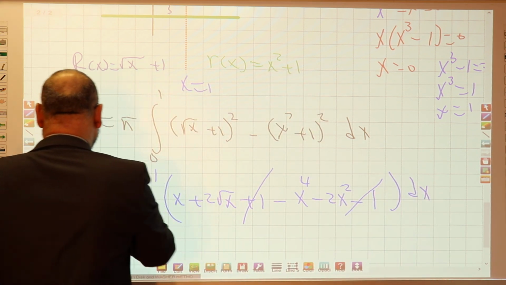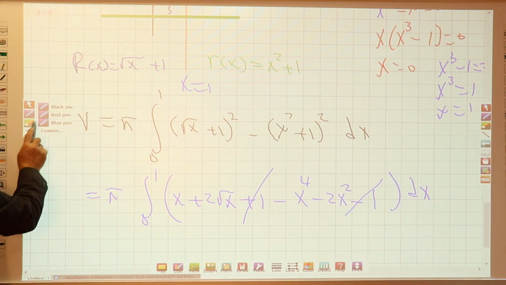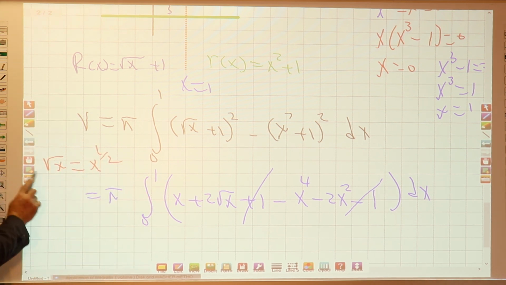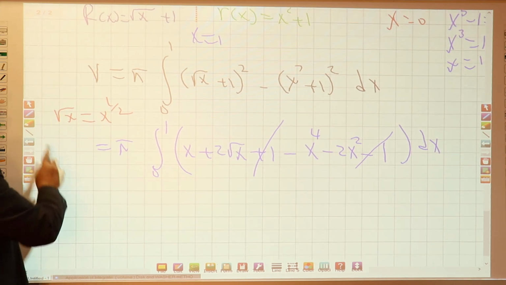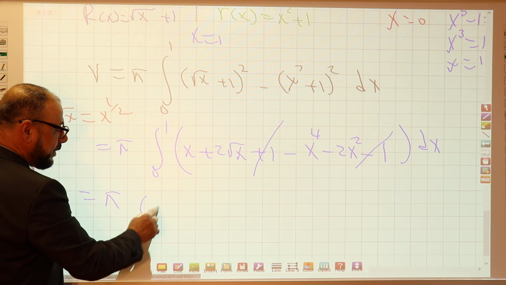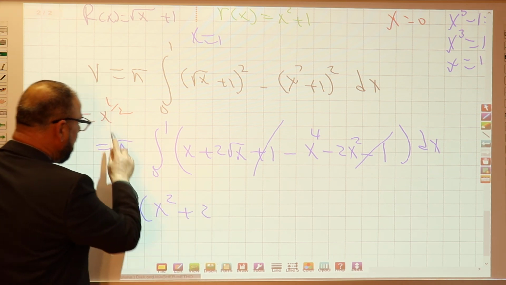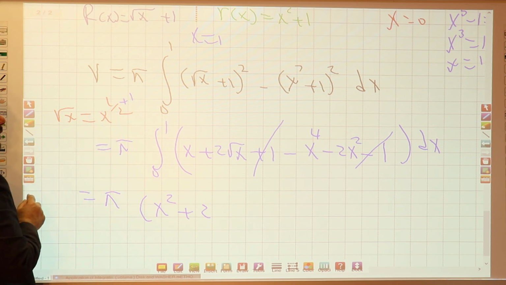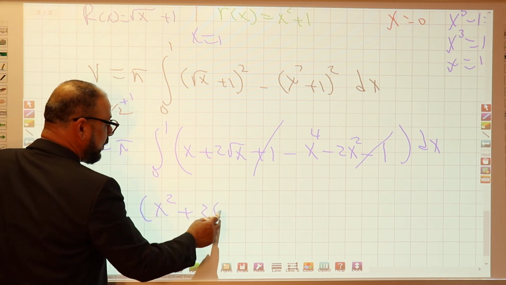Remember, the square root of x equals x to the half. When I integrate it, I'm going to apply x to the half. Then pi, x squared over 2, plus 2 x to the 3 over 2. If you integrate it, you add 1 here, so it's going to be 3 over 2, and when you bring it down, 2 over 3.